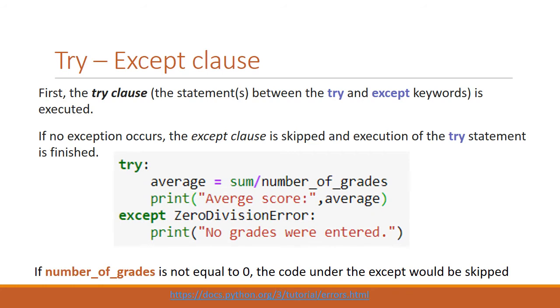So in this example, the try clause, the statements between the try and except keywords, is executed. If no exceptions occur, the except clause is skipped and the execution of the try statement is finished. So in other words, if number of grades is not equal to 0, the code under the except would be skipped.